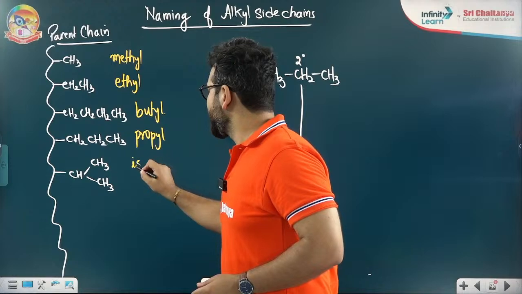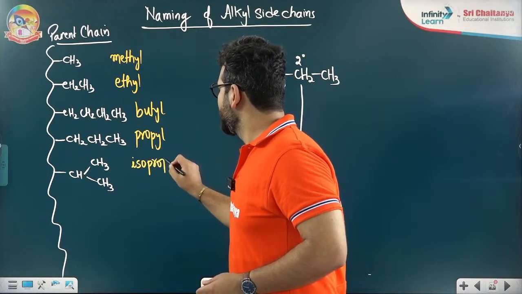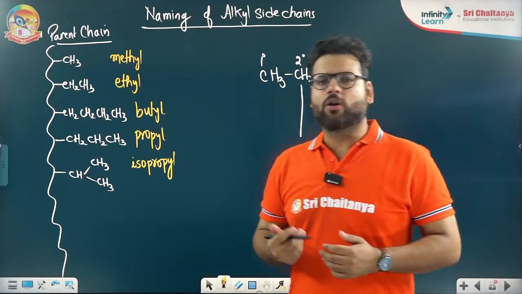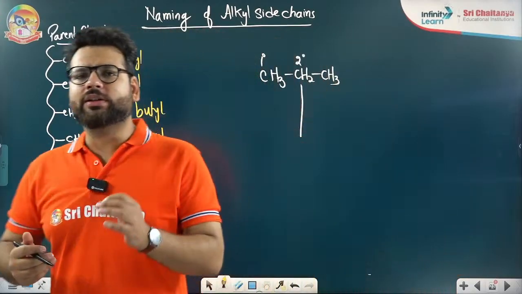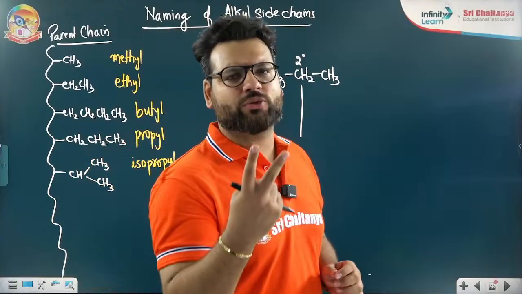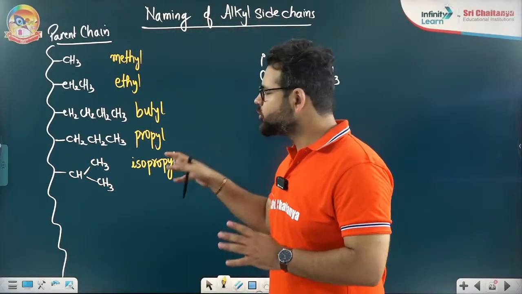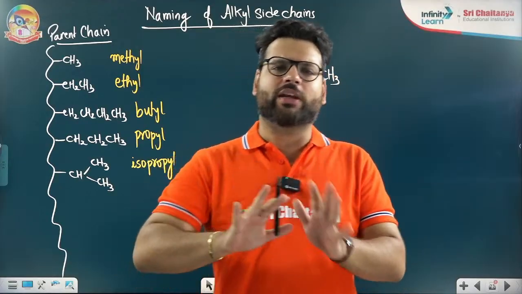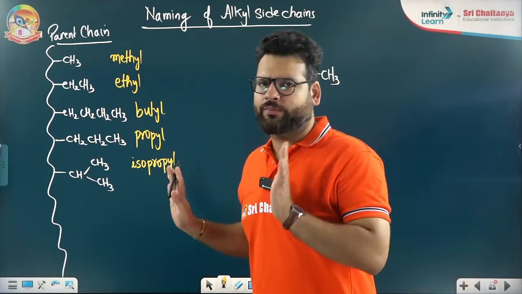So isopropyl is not simple but a complex side chain. Whenever there is a complex side chain, there are 2 ways to name it. One is the common name. Isopropyl is a common name, but IUPAC still allows you to use it in naming.